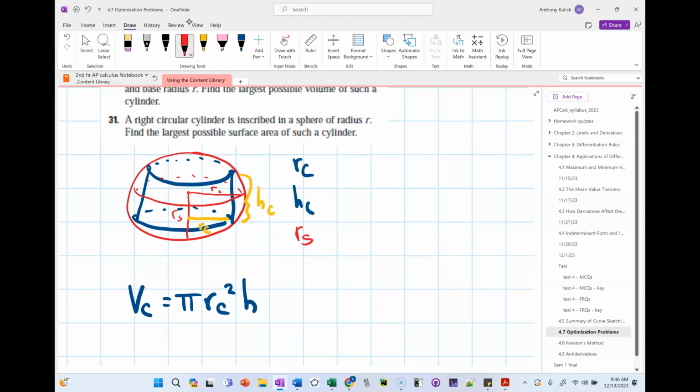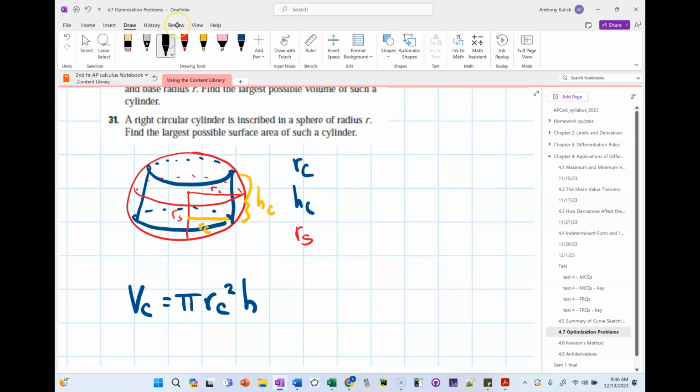I'm sure they put one in here. I gave you a picture when I drew this. Perfect. Okay, so here's the trick.